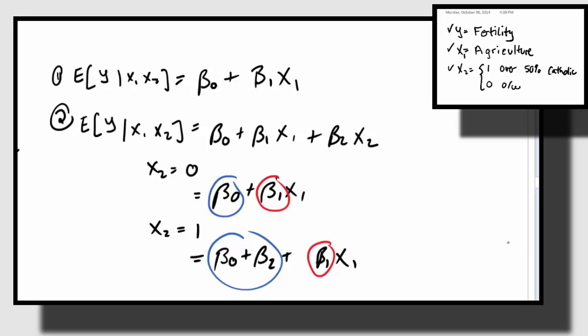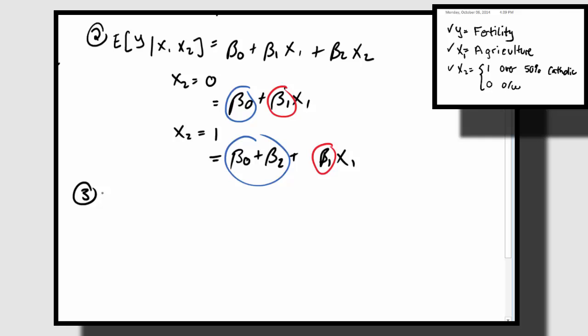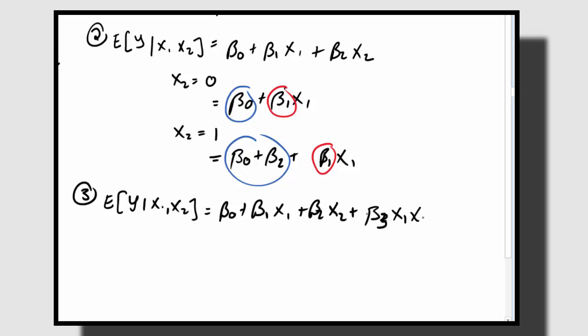Okay, let's consider a third model. I want now my expected outcome given my predictors to be beta naught plus beta 1 x1 plus beta 2 x2 plus beta 3 x1 times x2.